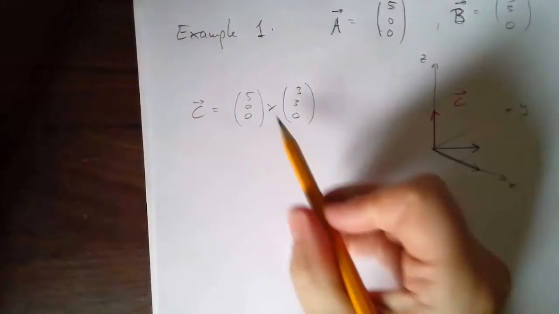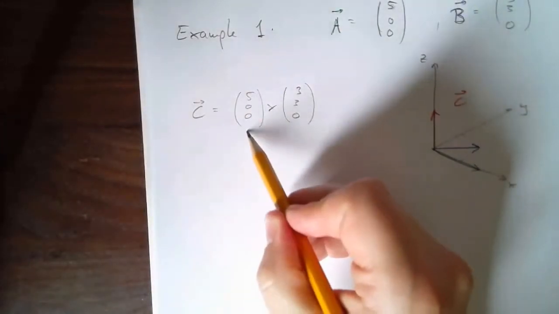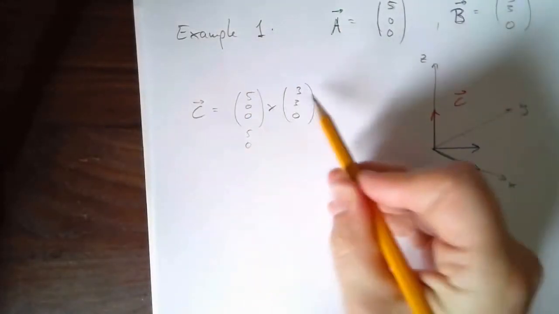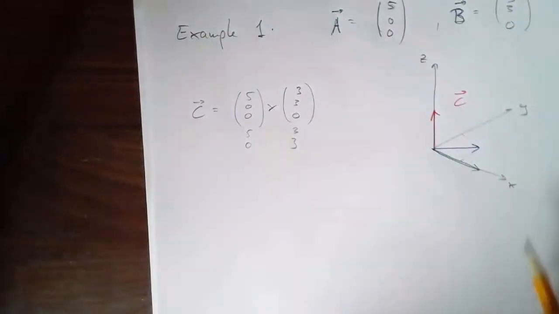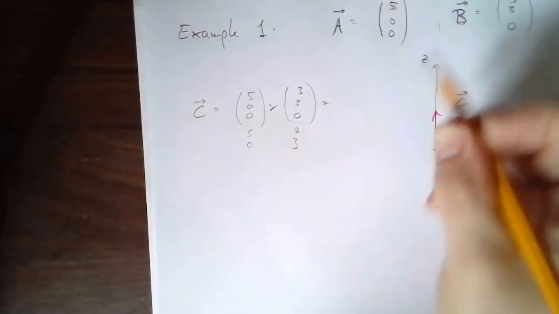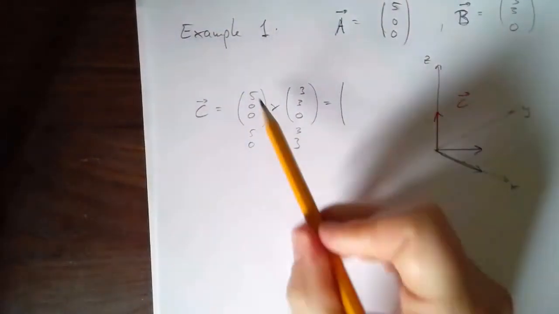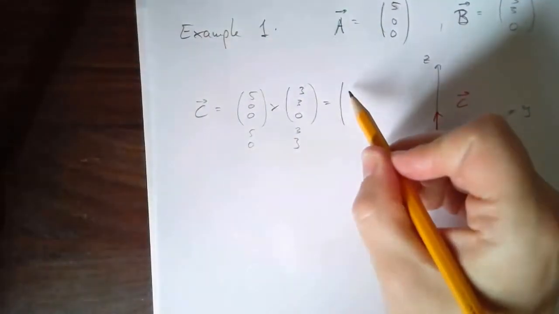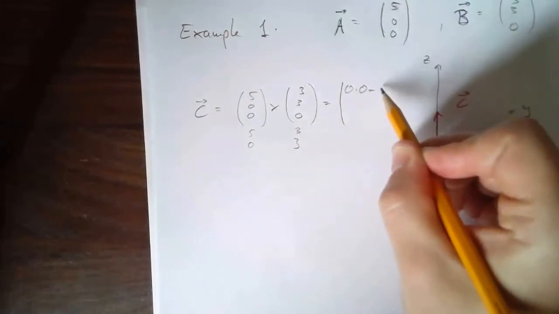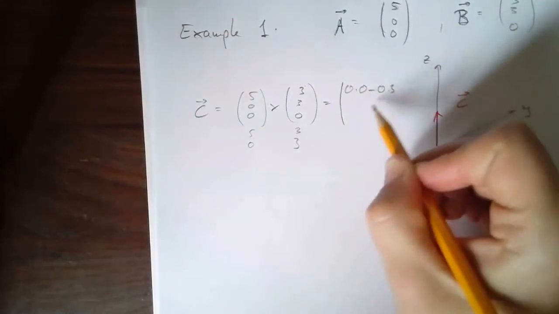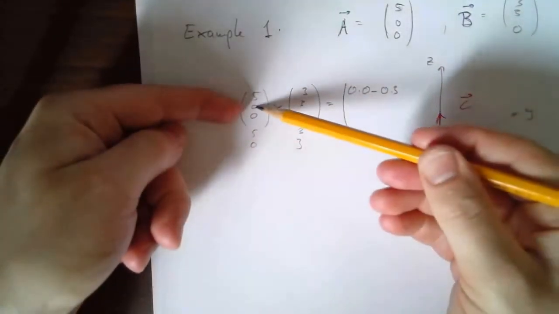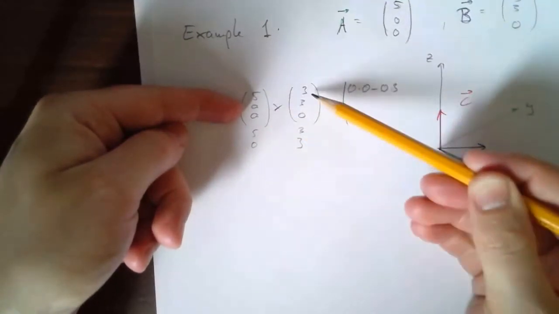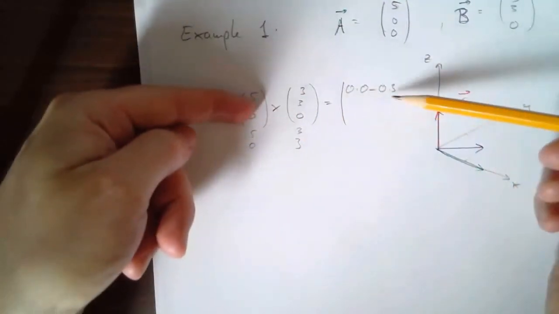So to work this out, I'm going to repeat the first two down below, 5, 0 and 3, 3. And then I'm going to start at the x point. I'm going to move 1 down. 0 times 0 minus 0 times 3. It's going to be easy. Right? 0 times 0 minus 0 times 3. Okay, now I'm going to find the y component.